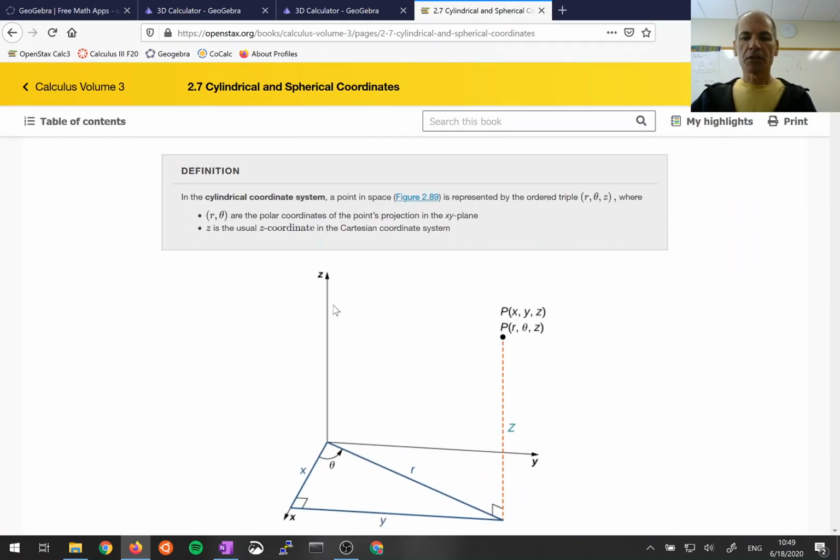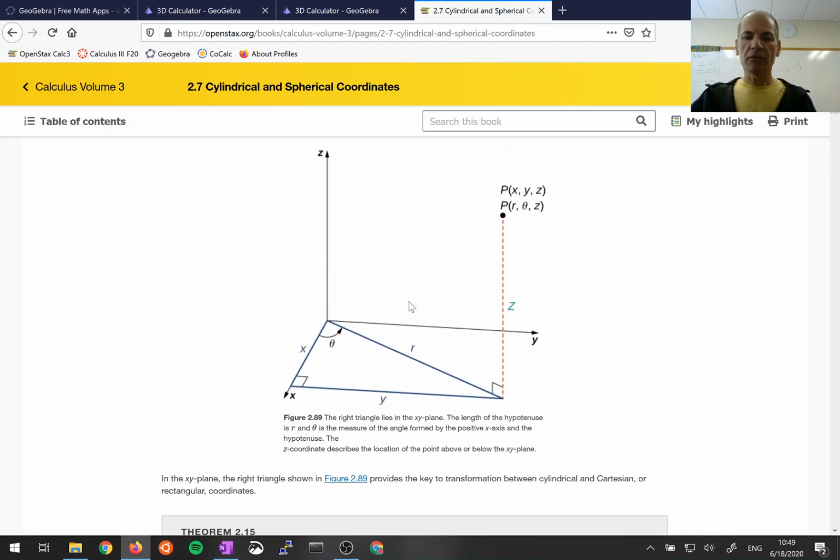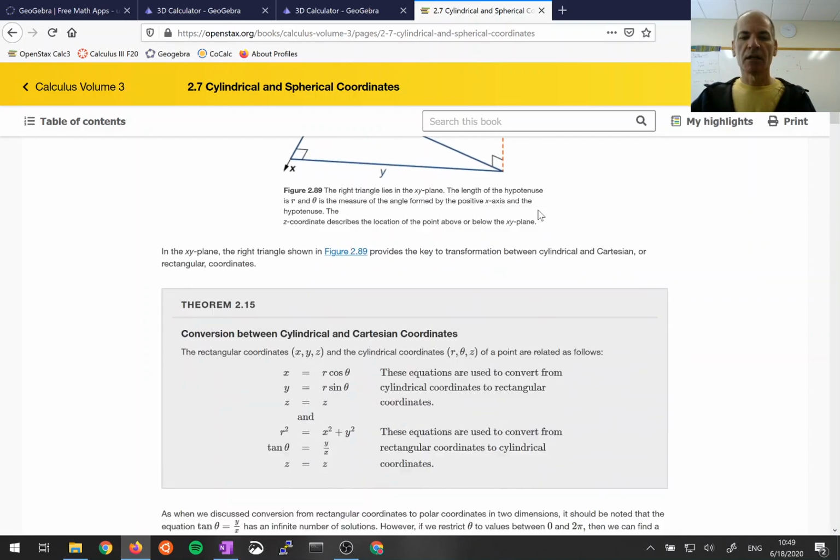For cylindrical coordinates, again, you have essentially the polar coordinate system in the xy plane. R is the distance from the origin in the xy plane. Theta is the angle that the ray out to the point makes with the positive x-axis. And then just add on a z coordinate and you're done. That's cylindrical coordinates.